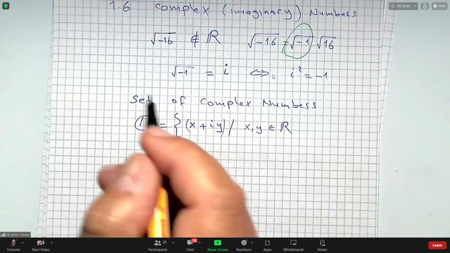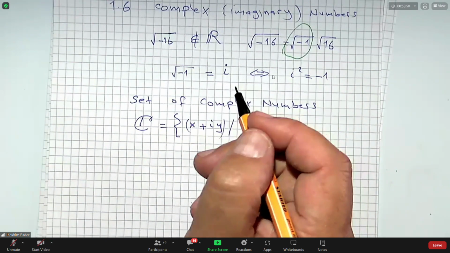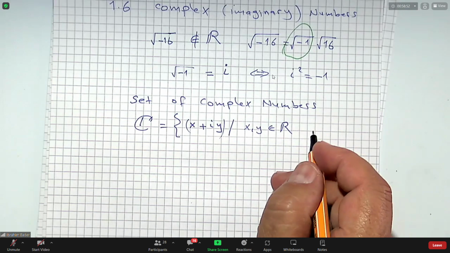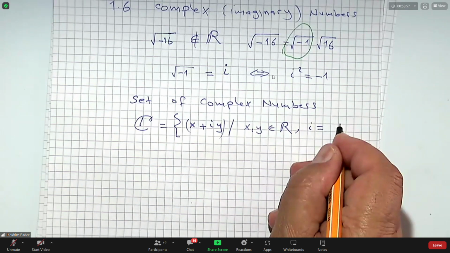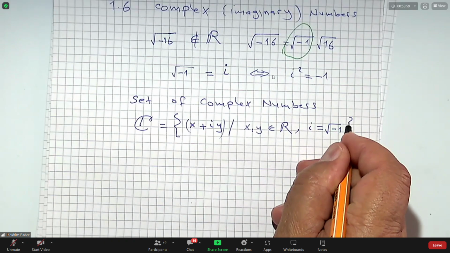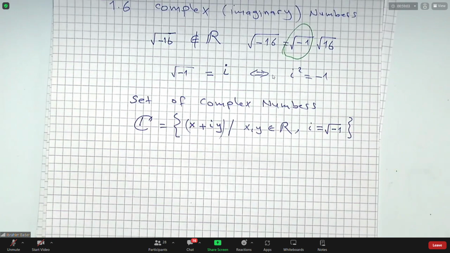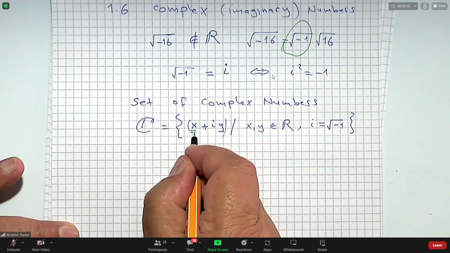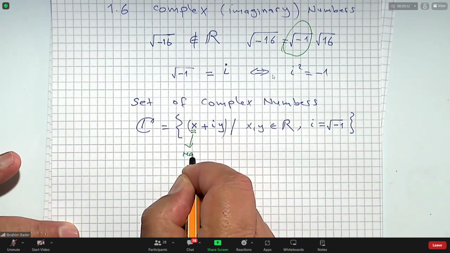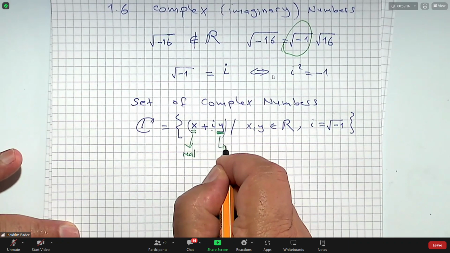So you see directly that the real numbers are always a subset of the complex numbers. Or you can equivalently use i squared equals negative 1. Now this component here, we call it the real part. This one here, only y, we call it the imaginary part.